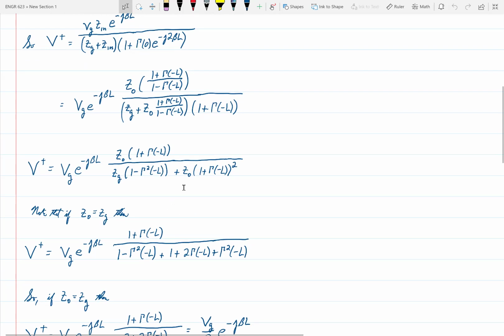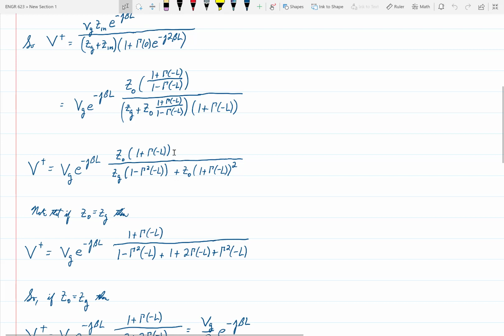So now look at this expression right here for V plus. Now we remember that V plus appeared in that formula 2.37, and so if we can find this V plus, then we're ready to go ahead and solve the problem.